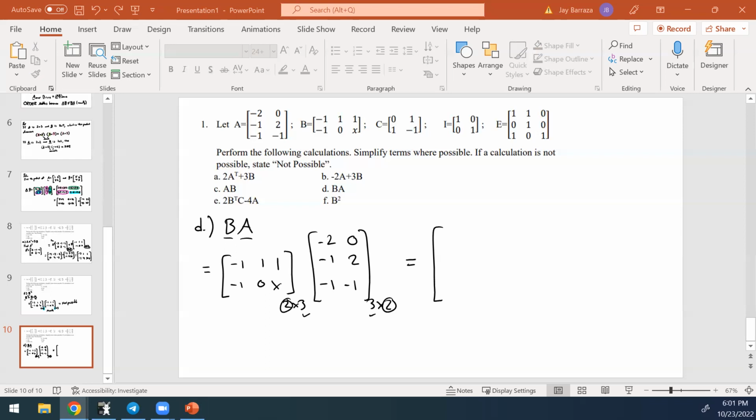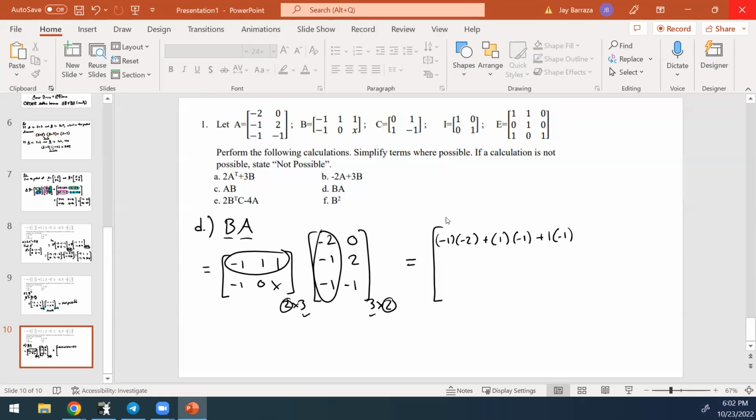Okay. So I'm going to take this one times this one to get the top left. So -1 times -2 plus 1 times -1 plus 1 times -1. That's my top left corner. Then, like I said, I didn't even give myself enough space here because I'm going to run out.